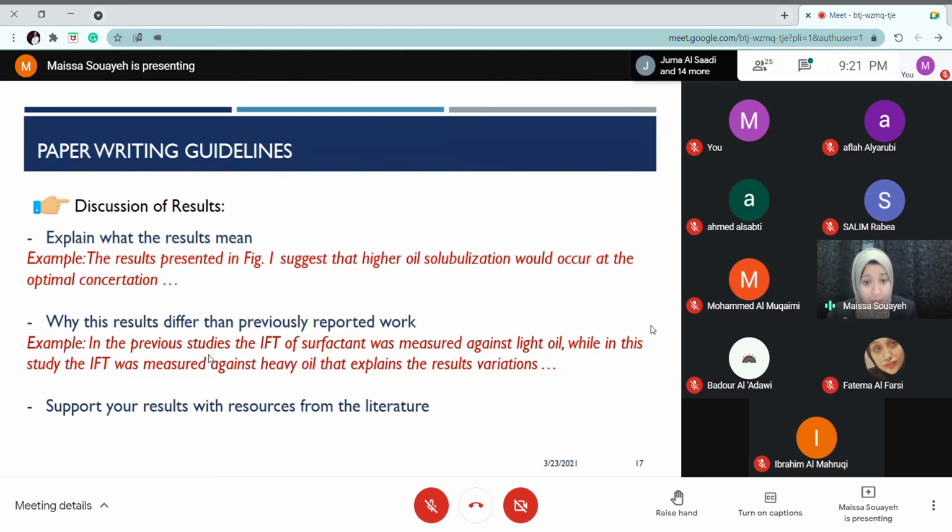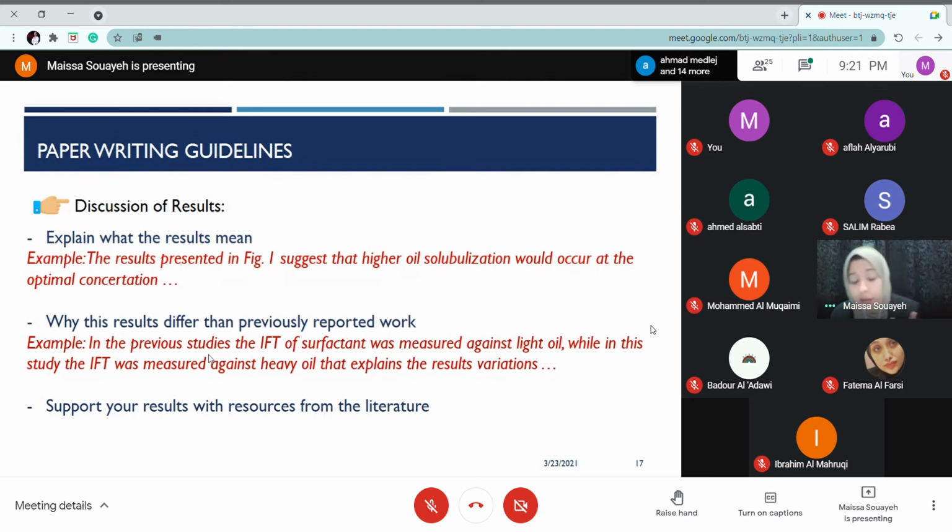And at the same point, you also need to support your results with resources from the literature. It's always good if you found someone who had results similar to your results or part of your results, this will give more confidence to your results. For sure you will not have a complete match with someone else's published work, no. But at some point, at least one part is similar, but you observed something extra, or you met at some point and then you both diverted in different ways.